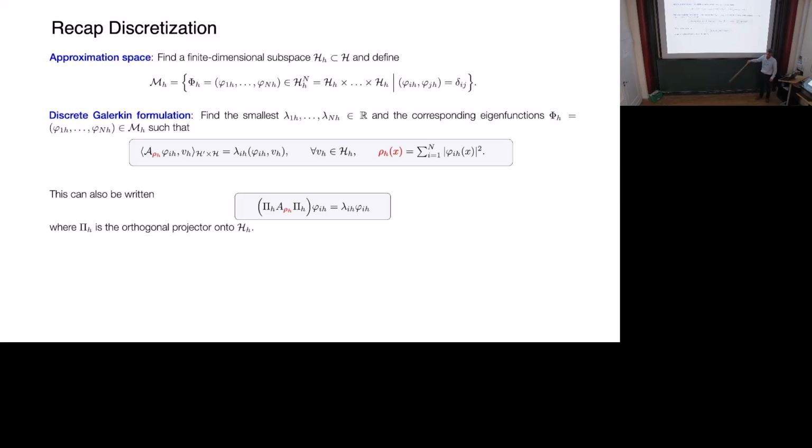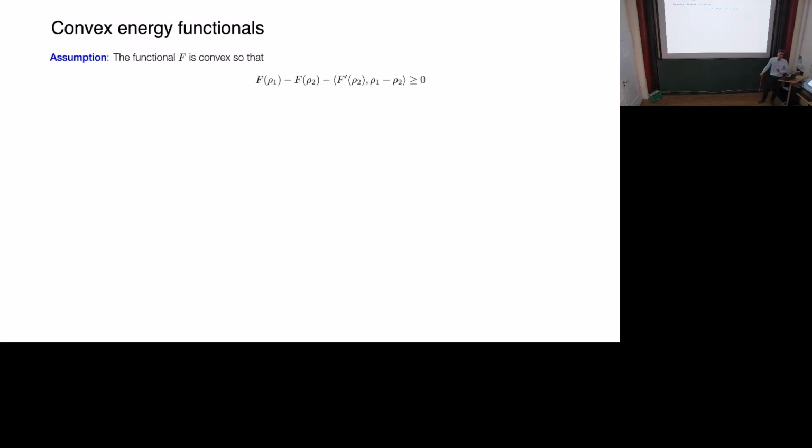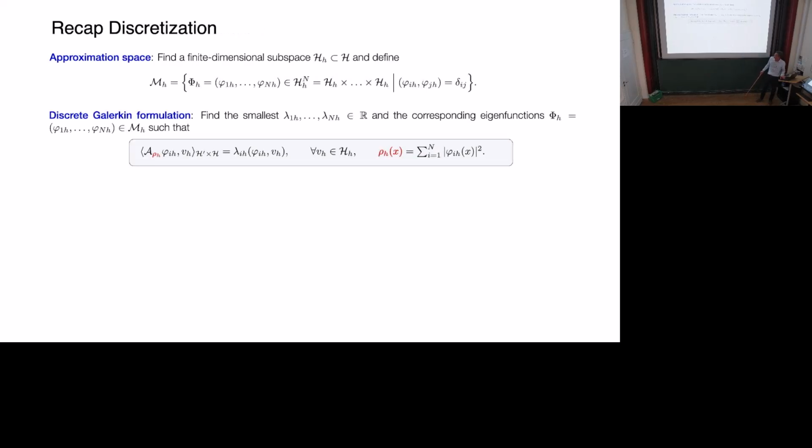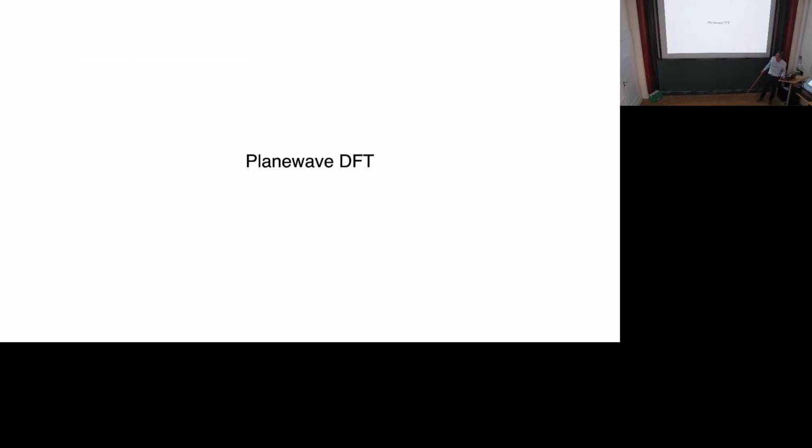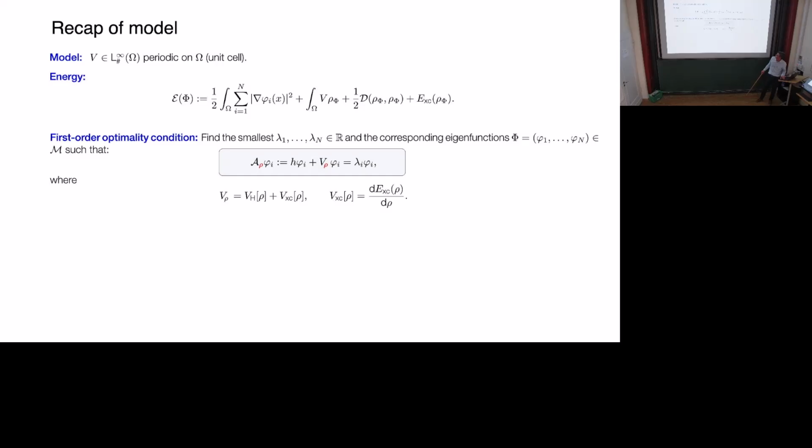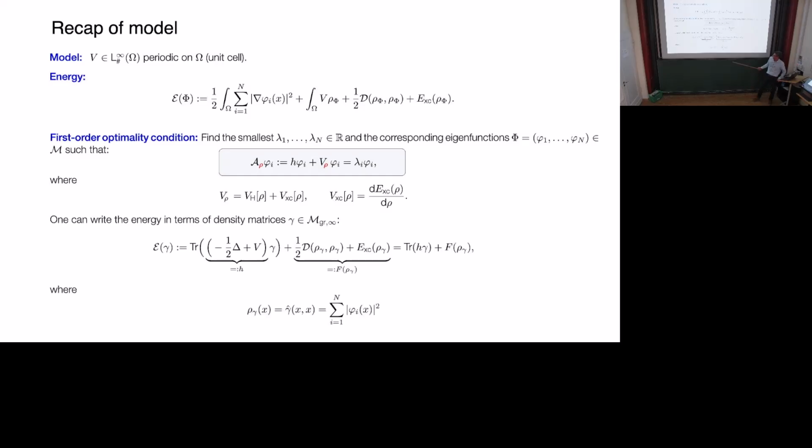So this is a bit lighter in notation, so I could use this. Okay, now we make one very crucial assumption. Where is the energy? Here. Okay, I skipped this part, but this is crucial. That's the energy in terms of this density matrix gamma.